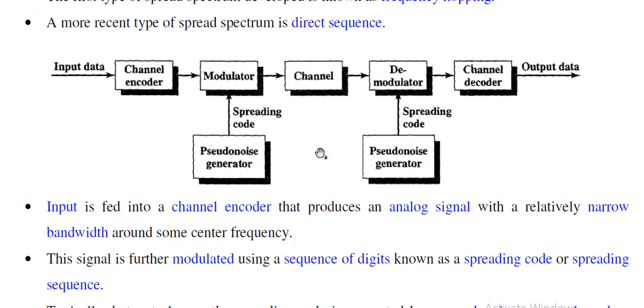So the simple technique or the simple diagram of spread spectrum is as follows. We have a signal, we have data that we will choose a channel to generate a signal following this channel, and then this is the regular way.